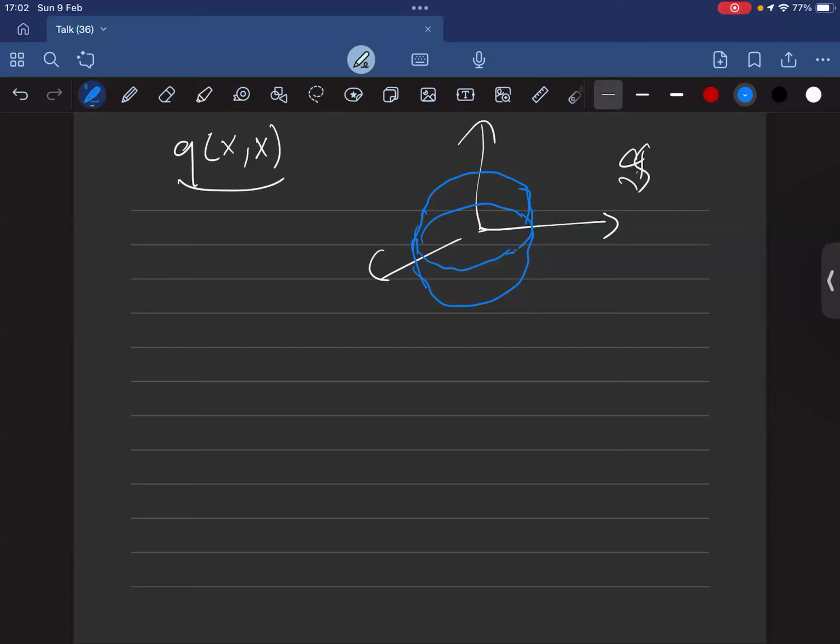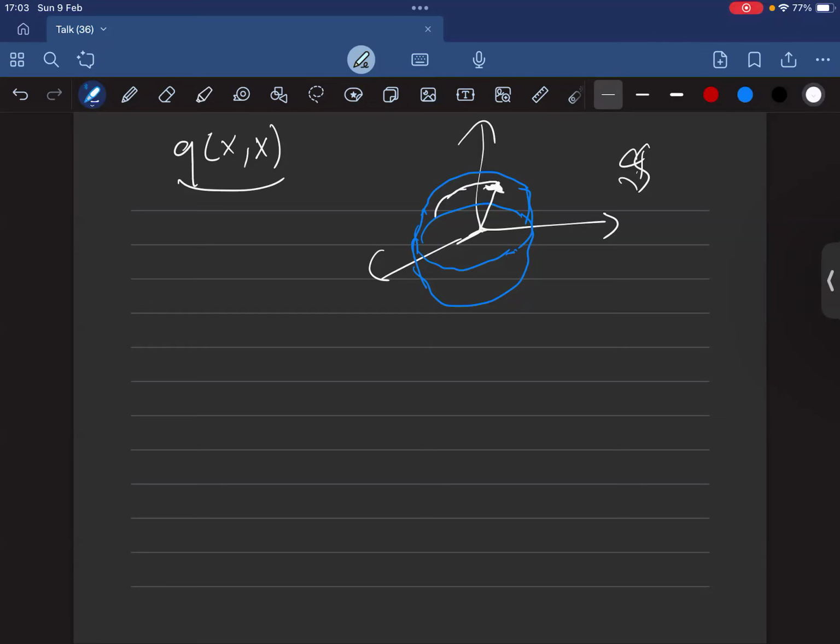It doesn't have negative levels, obviously, but the positive levels will give you spheres. They will foliate this G, and so being a first integral means that if you start with an initial condition in some sphere at some level, you will not leave this sphere. And since these Riemannian spheres are compact, this will imply the completeness of the geodesic vector field.